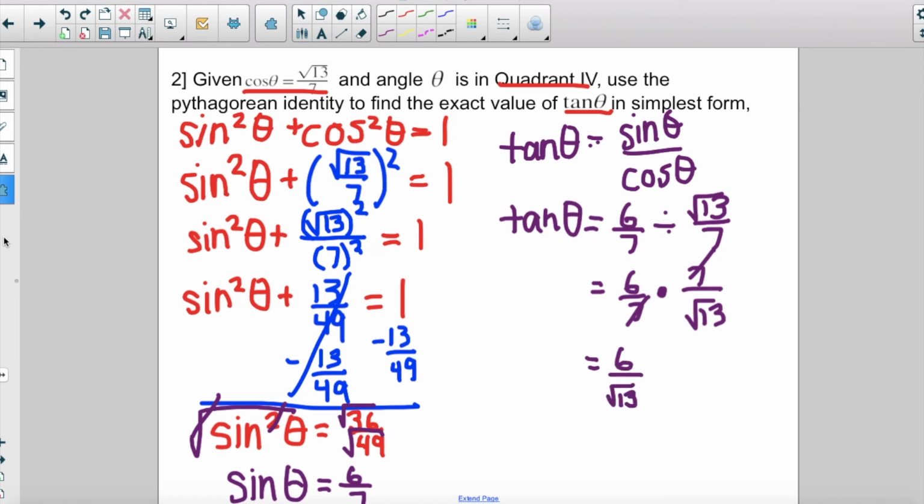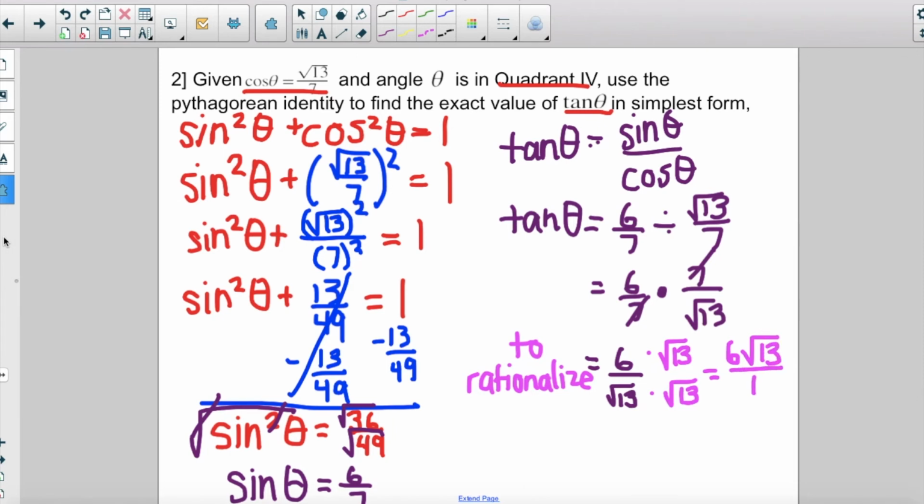Now, let's say you want to rationalize your answer. To rationalize, you multiply the top and bottom by that radical. 6 times radical 13 is 6 radical 13.